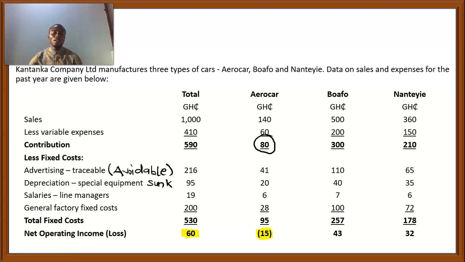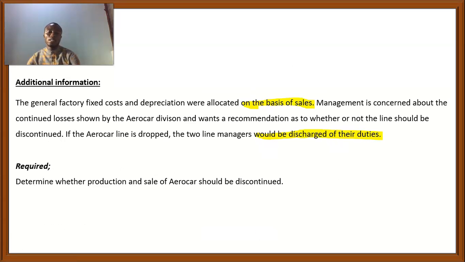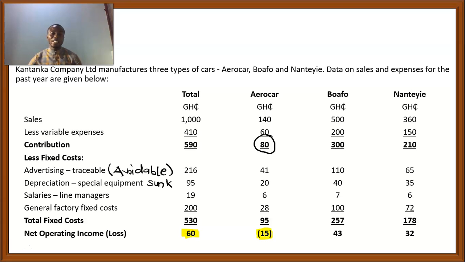Then we also have salaries of line managers. In the additional information, we are told that if the Eroka line is dropped, the 2 line managers will be discharged of their duties. So based on that, we can say that the salaries of line managers is avoidable, because if the company decides to drop Eroka, it means the 2 line managers are no longer going to be paid salaries.